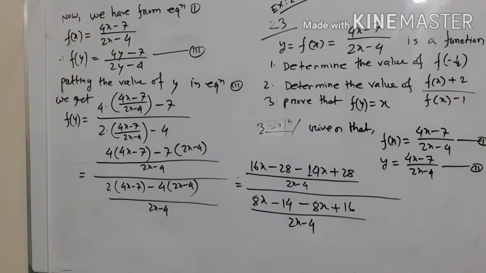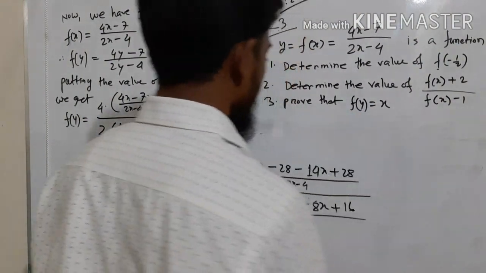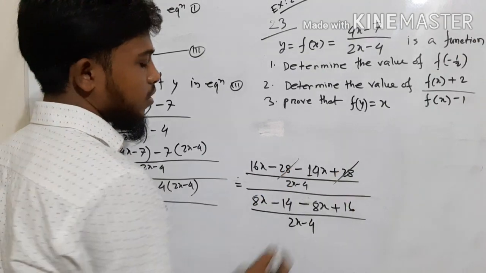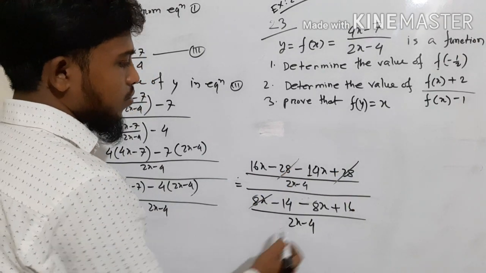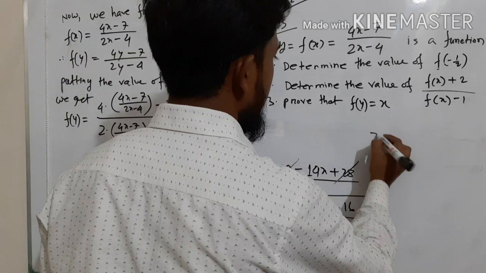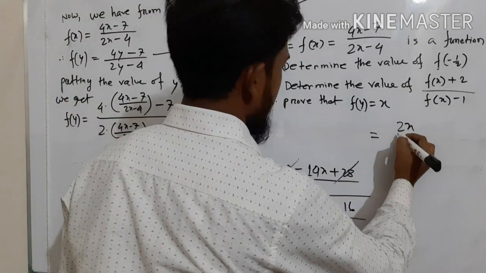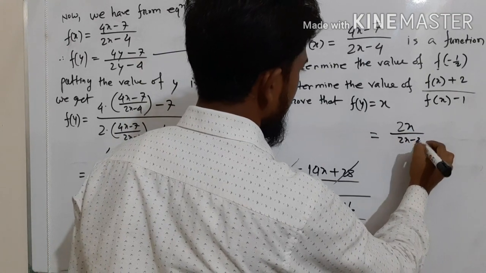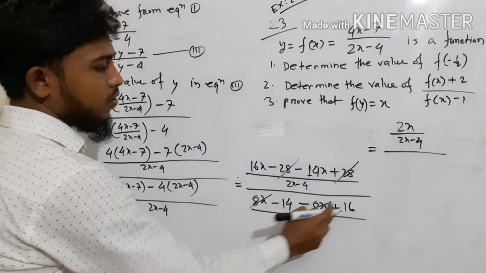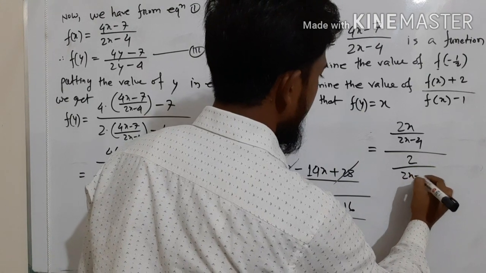Now here we see that minus 28 and plus 28 are cancelled, 8x and minus 8x are cancelled. So we can write 16 minus 14, that is 2x divided by 2x minus 4, divided by minus 14 plus 16, that is 2 divided by 2x minus 4.